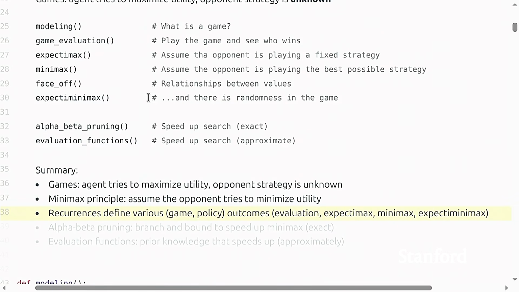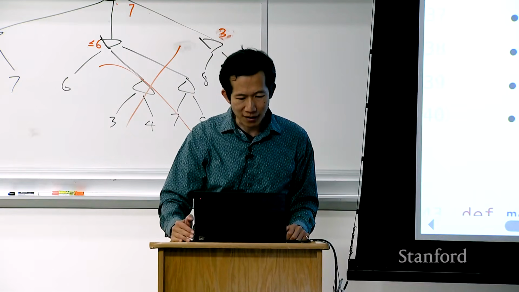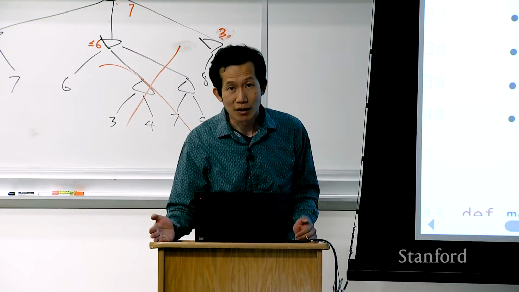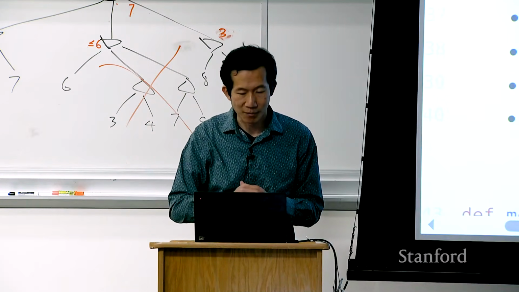Given a game and a policy, we can do game evaluation, expectimax, minimax, expectiminimax, and you can imagine others, whatever you want. And we looked at two ways to speed things up: alpha-beta pruning, which is exact, and evaluation functions, which are approximate. And next time, we're going to look at how you can do learning in the context of games, and we're going to look at something called TD learning.